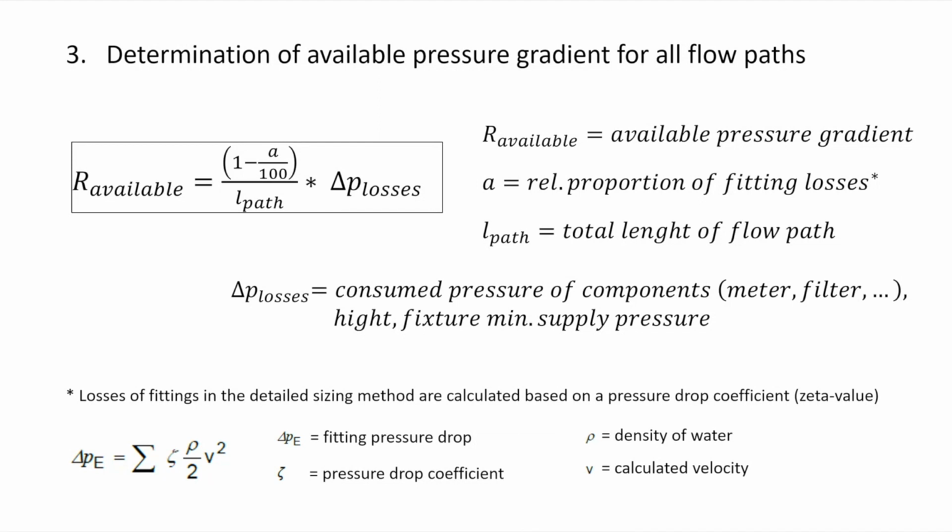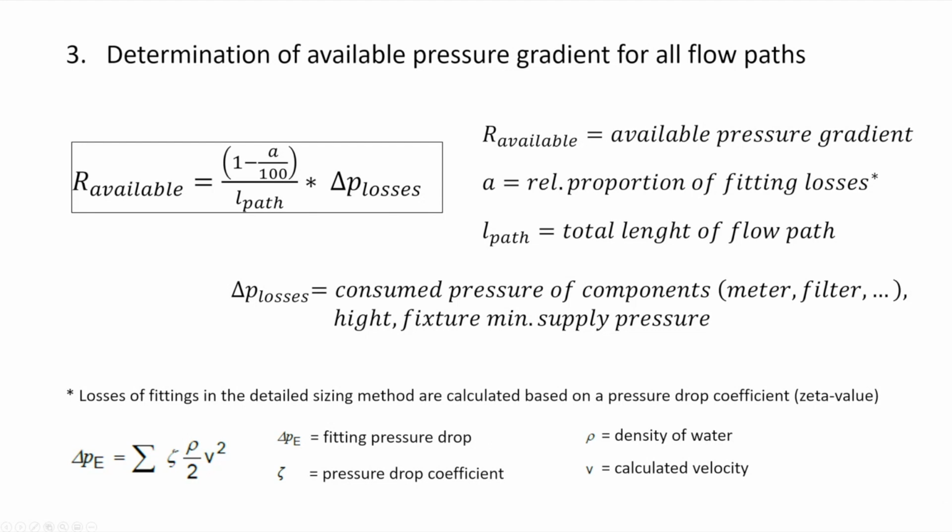So then you get your R value, millibar per meter. Taking this into account, you do your pipe sizing, of course, with respect to maximum pipe velocities. They are different for copper or different material. We allow different flow rates, but the leading value is the available pressure gradient.